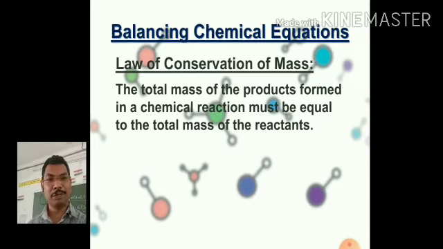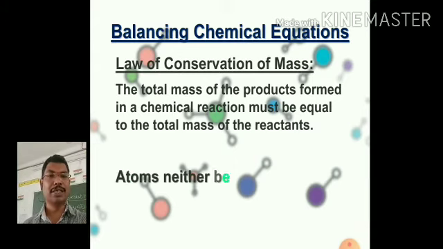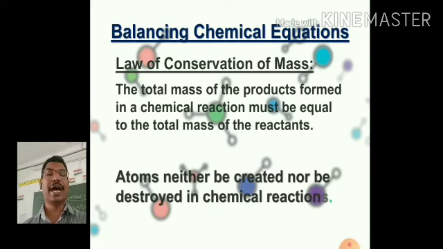Whatever the mass of the starting materials, that will be equal to the mass of the products obtained. And in the case of atoms, atoms can neither be created nor destroyed in a chemical reaction. Right.